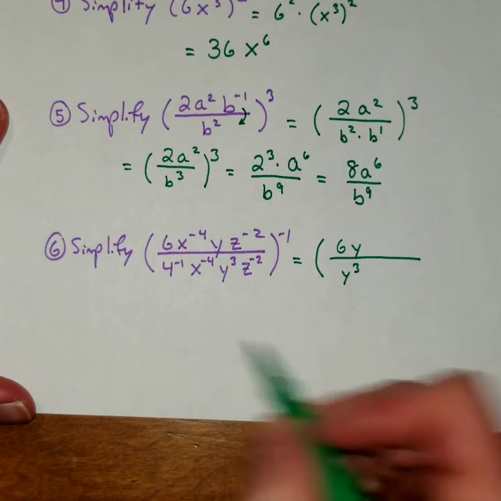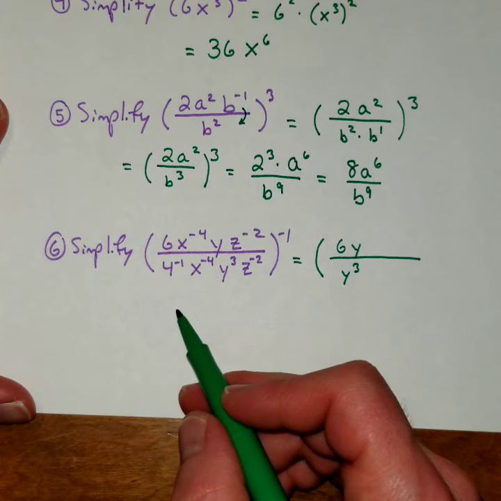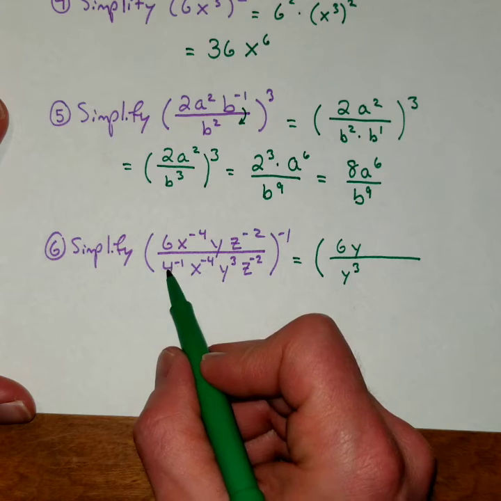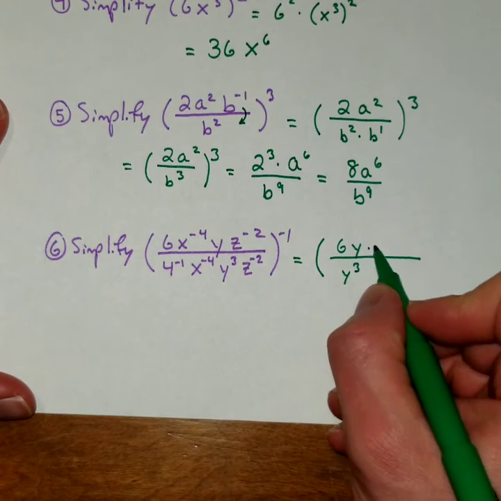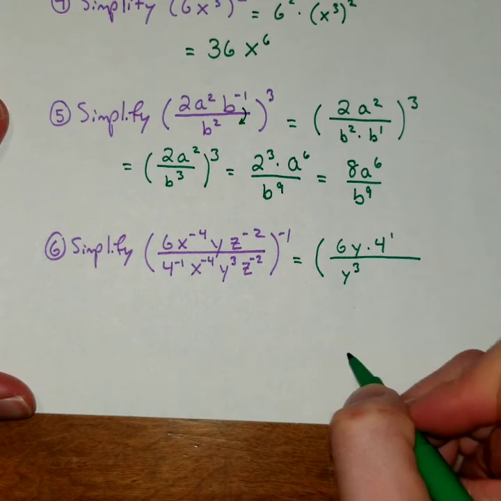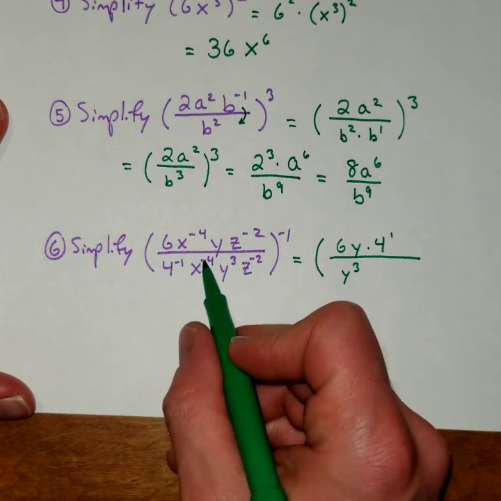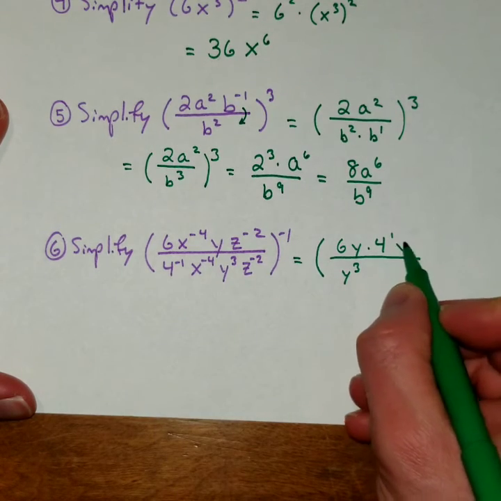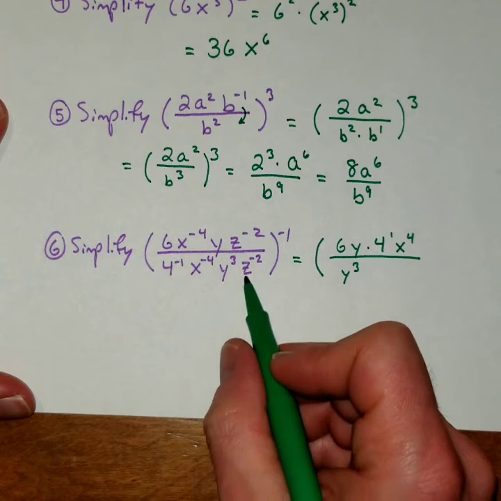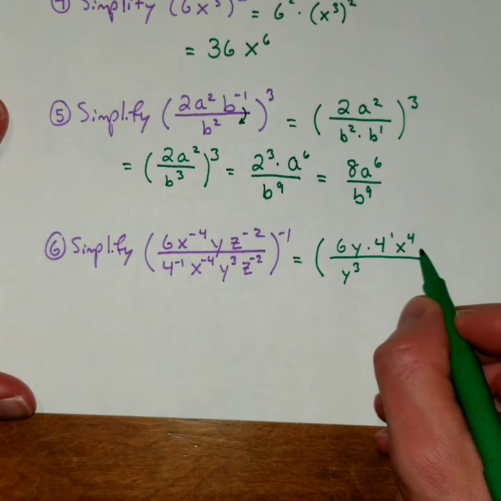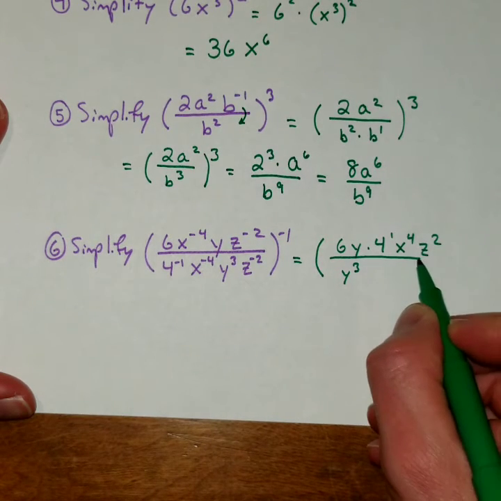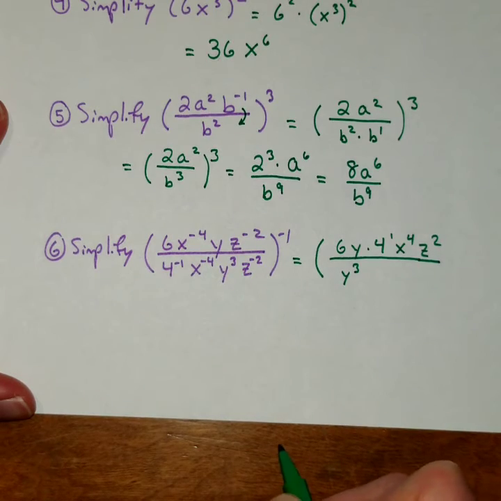And everything else changes. So 4 to the minus 1 becomes 4 to the 1, or just 4. X to the minus 4 on the bottom becomes x to the 4 on top. z to the minus 2 becomes z to the 2 on top.